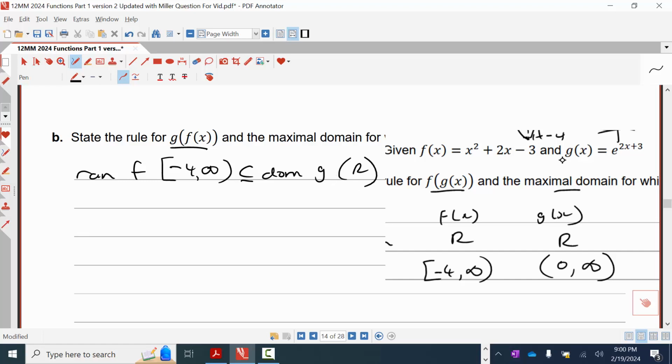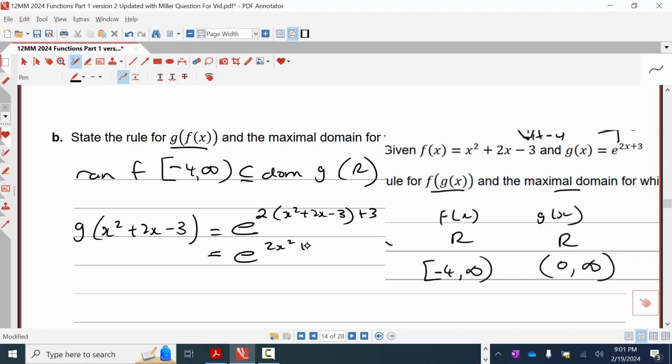So we're going to say that it's going to be g of f of x, where f of x is x squared plus 2x take 3, equals e to the 2 brackets x squared plus 2x take 3, plus 3. Clean that up a little bit: e to the 2x squared plus 4x take 6 plus 3.